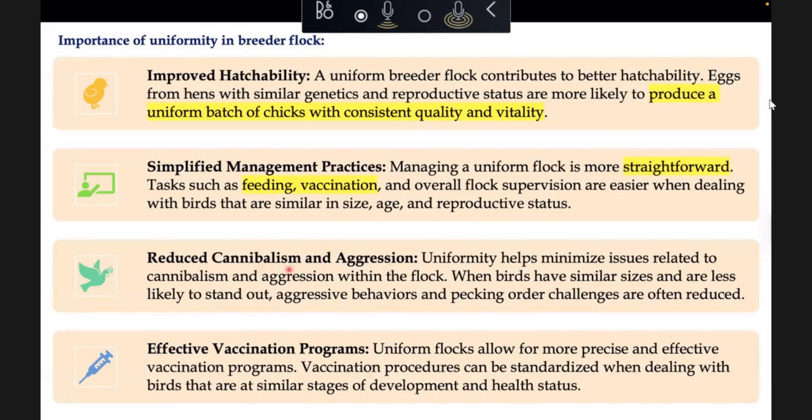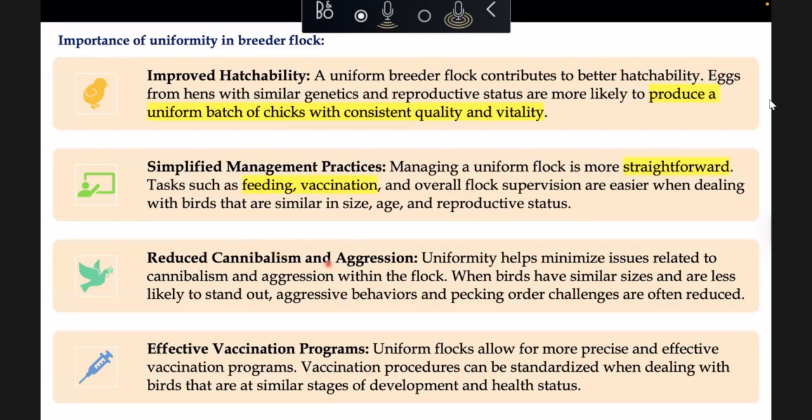So if the size of the birds is not uniform, some of the birds are really big and heavier and some of them are weaker and smaller, then there will be a pecking order. Or there will be a hierarchy that the larger bird will try to dominate and they will show aggression over other birds. They will start the cannibalism as well.